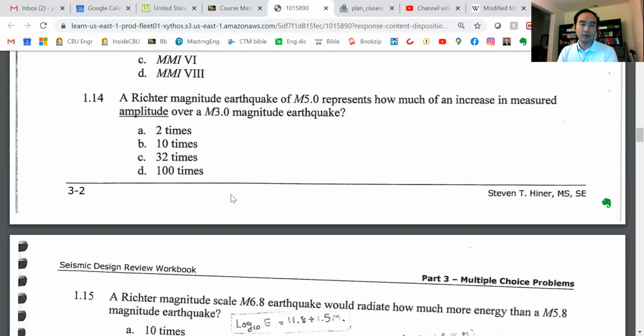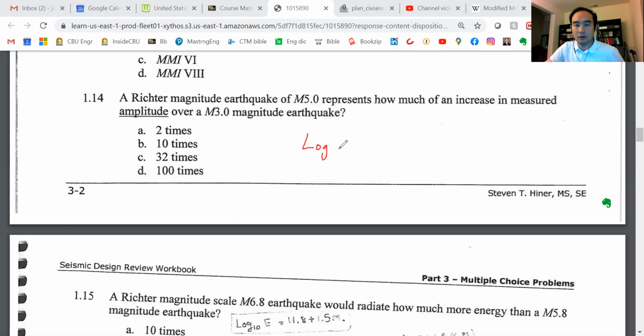Okay, a Richter magnitude earthquake of 5.0 magnitude represent how much of an increase in the measured amplitude over a magnitude 3.0 earthquake? So you have to have an understanding about the Richter magnitude scale. And this is the magnitude again, so we're going to use the equation. So the equation looks something like this.